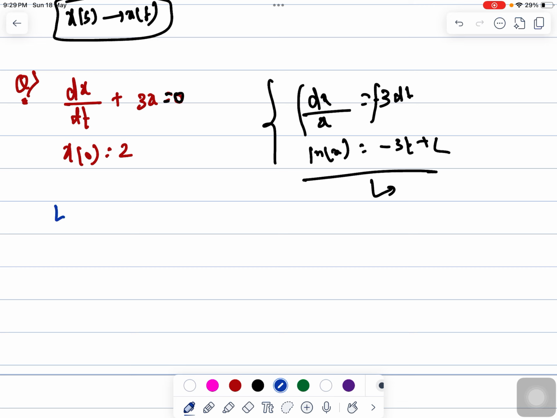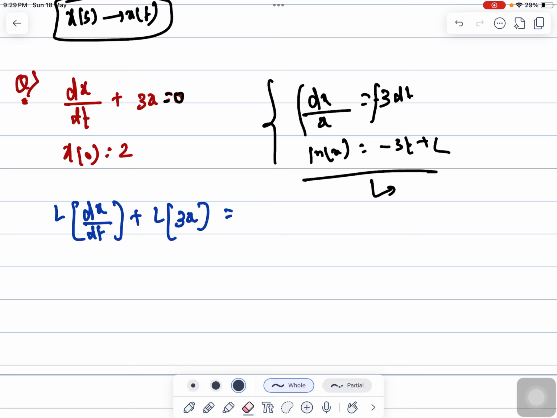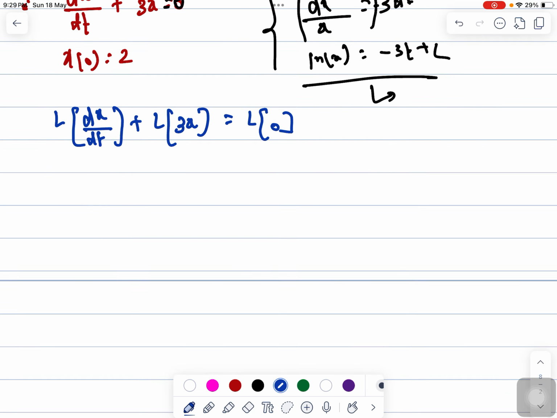So I can write Laplace of dx/dt plus Laplace of 3x equals Laplace of 0. Is that clear? So this will give you s X(s) minus x(0) plus 3 X(s) equals 0.